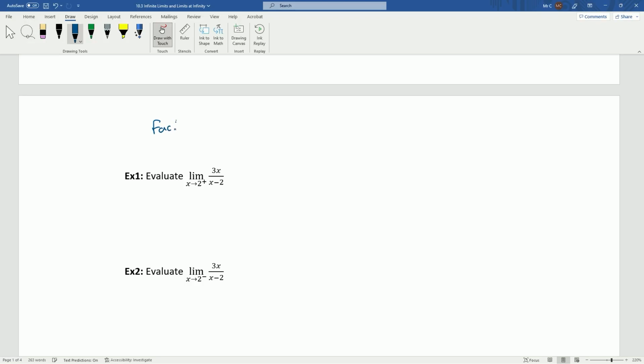This fact is that if the limit of your numerator goes to a non-zero value and the limit of your denominator goes to 0, then you get some sort of infinity for the limit of the rational function. So again, this limit doesn't exist, but it's some type of infinity.